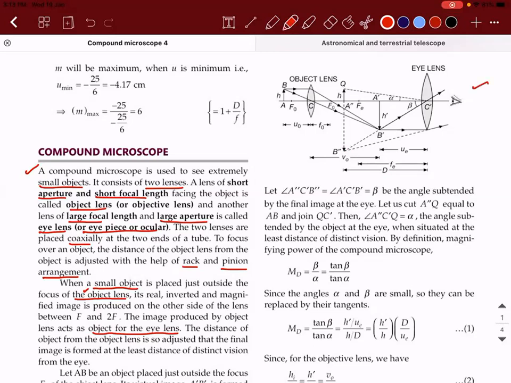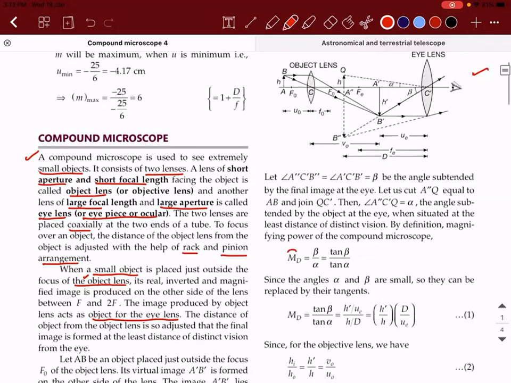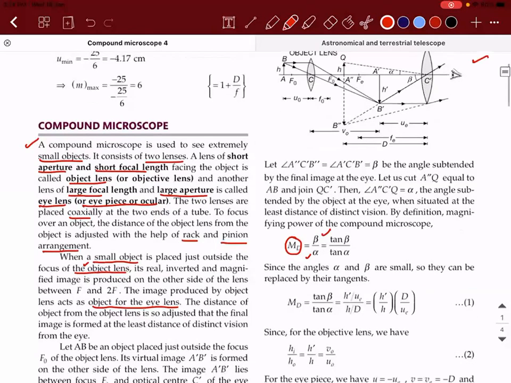Having said all these things, we know that MD is equal to beta divided by alpha, where beta is the angle subtended by the final image at the eye, and alpha is the angle subtended by the object at the eye.